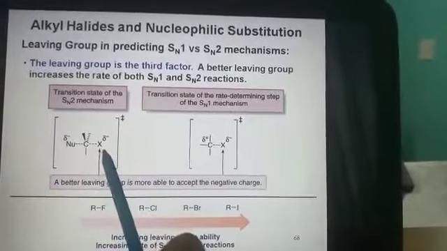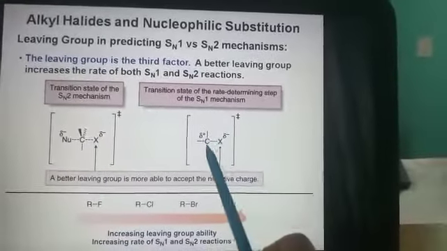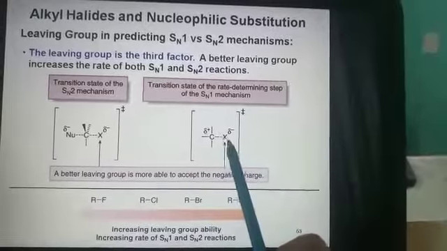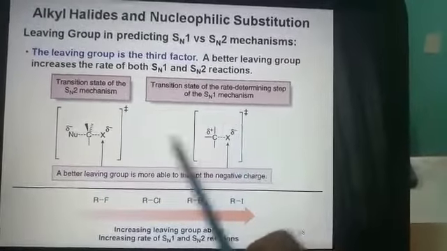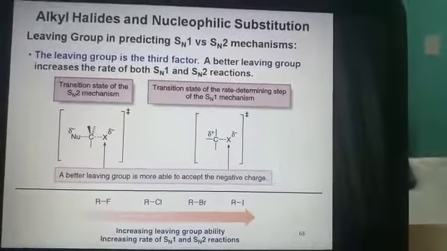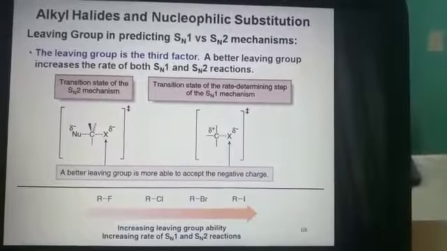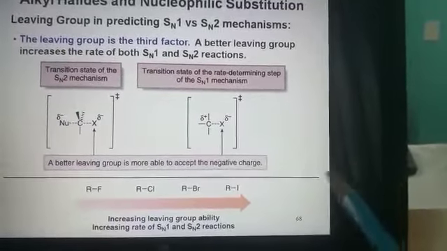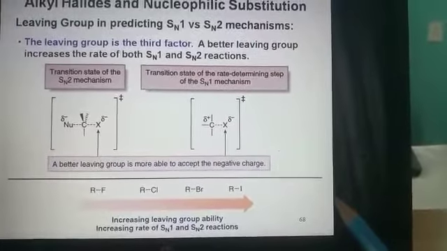Look at the transition state for the SN2 mechanism, and this is the rate determining state for the SN1 mechanism, in which the C-X bond is broken. So a better leaving group is more able to accept the negative charge. So increasing leaving group ability increases the rate of SN1 or SN2 reactions.